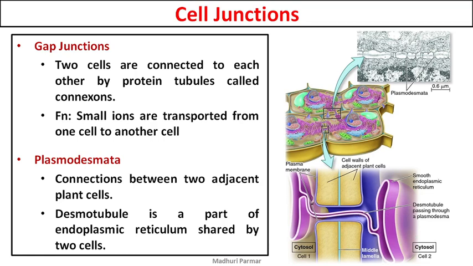So this is again a connection between the two cells. It allows things to pass from one to another. It also helps in the simplest pathway of water absorption, and transport of other molecules. Signaling molecules also move through this plasmodesmata.